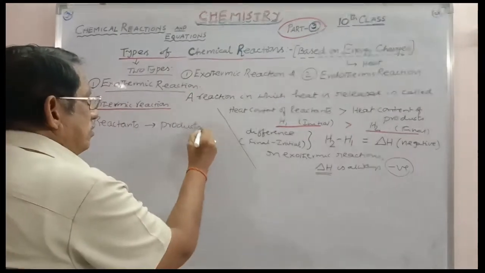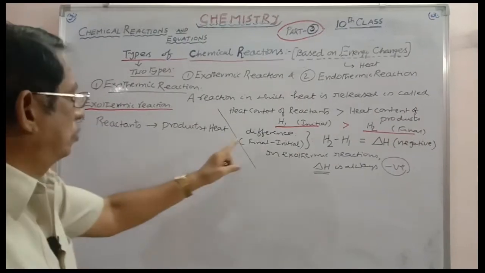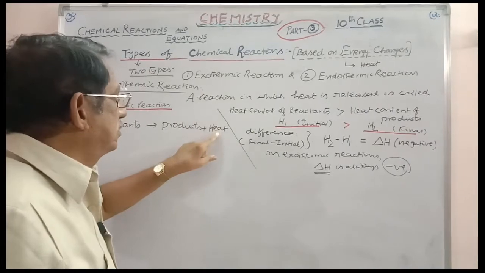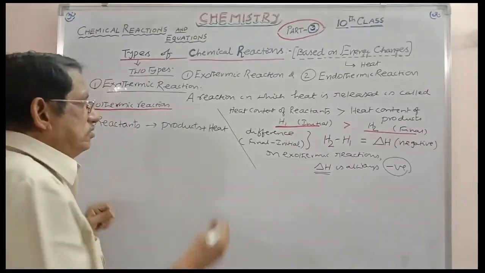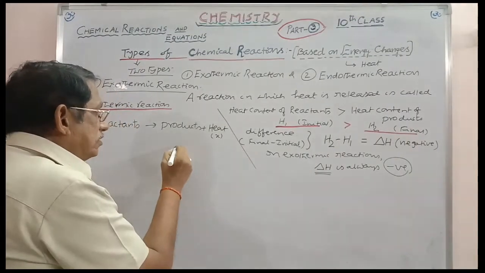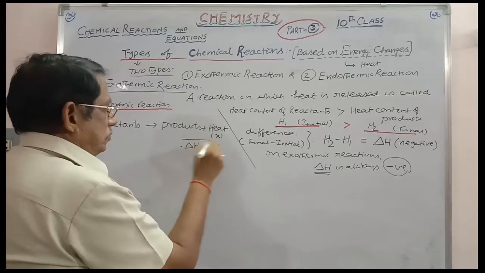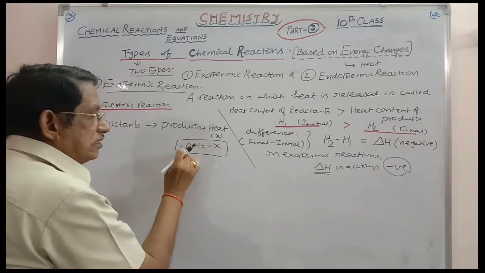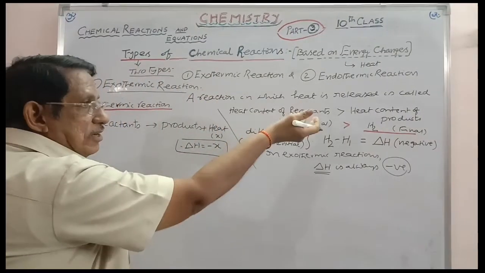This is what you call exothermic reaction. And this heat is represented as delta H thermodynamically. Suppose the value X is obtained here, then delta H is equal to minus X. Don't forget, whatever amount is obtained here, that becomes minus in the case of delta H value. In the equation, along with the products you are writing.